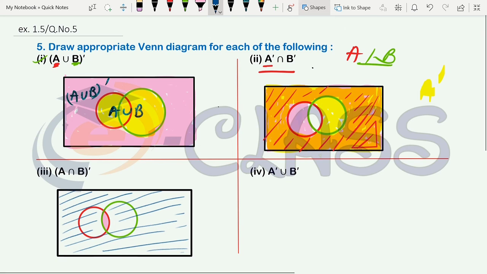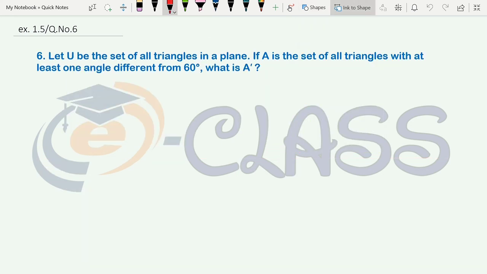Now next, question number 6. Question number 6 says: let U be the set of all triangles. If A is the set of all triangles with at least one angle different from 60, what is A complement?